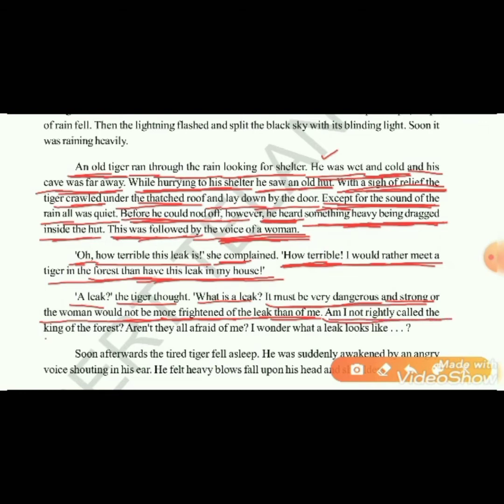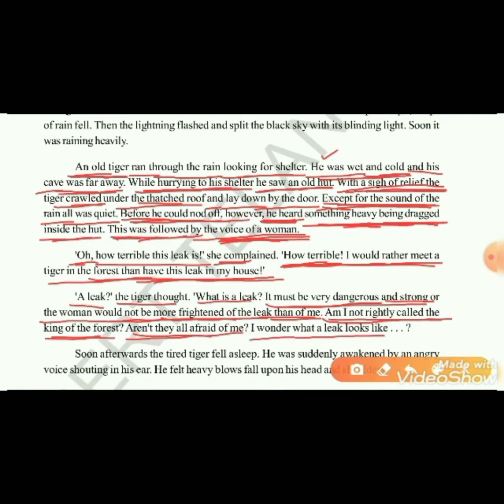I am the king of the forest. Everybody is afraid of me. But here is a leak, where the woman is not afraid of me, but she is afraid of the leak. Now, what is this leak? How does this leak look? Is it so powerful than me? What is this leak all about?